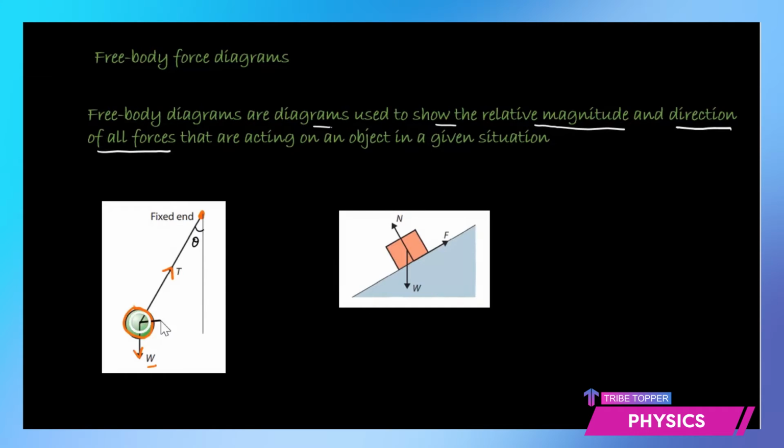The tension will have one horizontal component and one vertical component. So that is going to be labeled as T sine theta in this direction and T cos theta in this direction, because your theta always has to make sense of how it decides which side is going to be sine theta and which side is going to be cos theta.